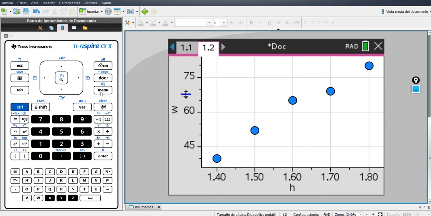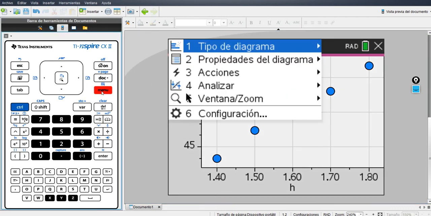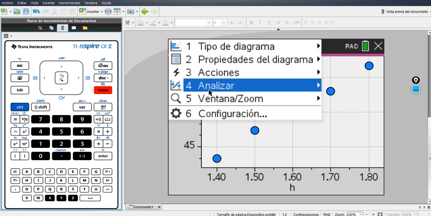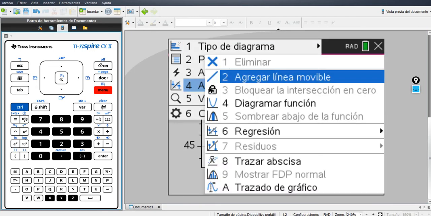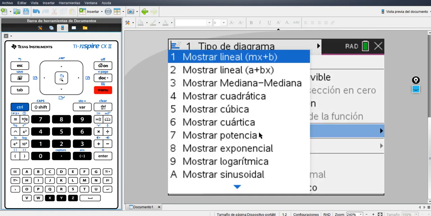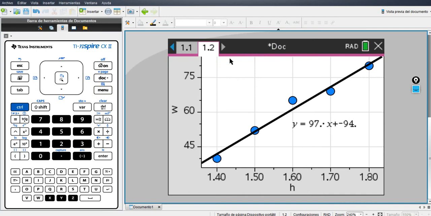You go to menu, option number 4, analizar, regresión, and the first option, mostrar lineal, show linear, mx plus b. Click on this, and this is the line of best fit that the TI is calculating using linear regression.